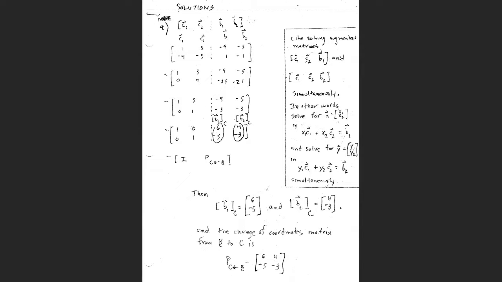We're trying to find the change of coordinates matrix from basis B to basis C. And apparently, when I set up my matrix like this and do the row operations, once I have an identity on the left side, then on the right side this matrix with 6, 4, and -5, -3 is going to be my change of coordinates matrix from basis script B to script C.